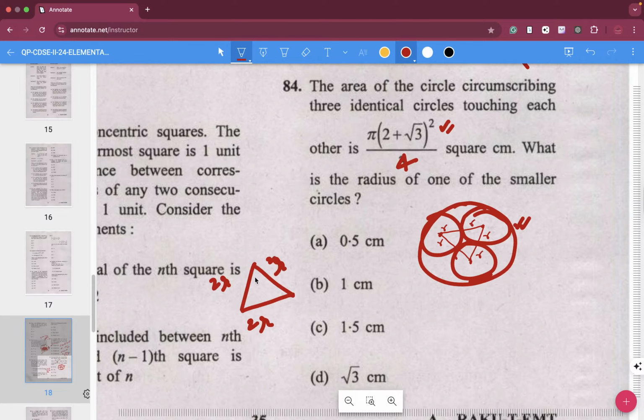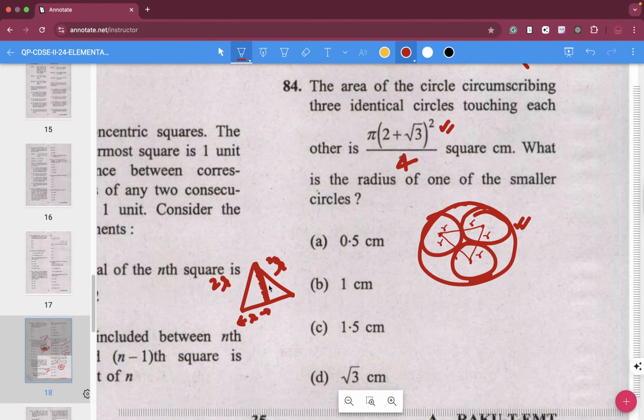If I drop a perpendicular from the vertex, this value over here is r. Now can we find out the height?